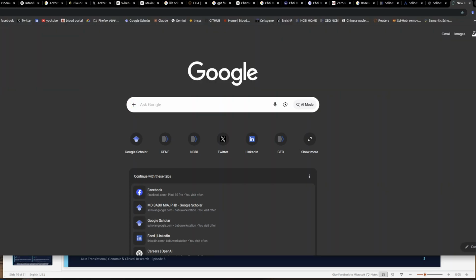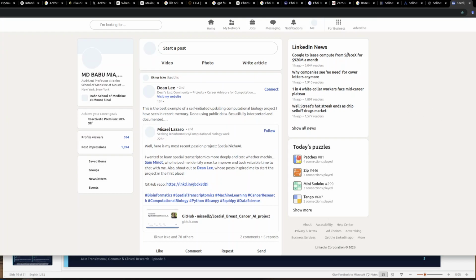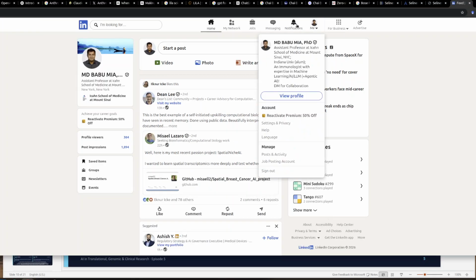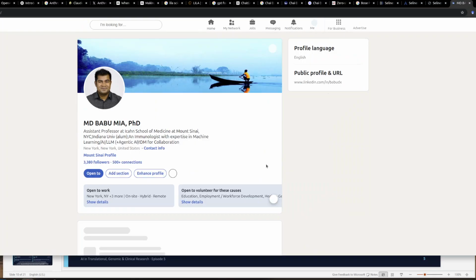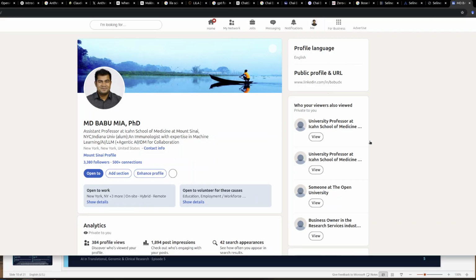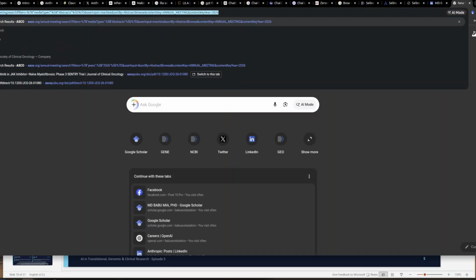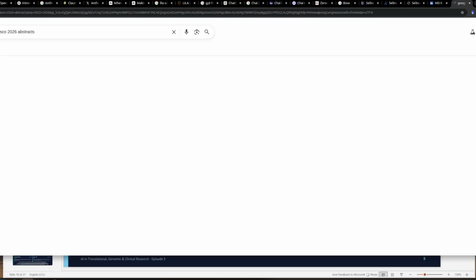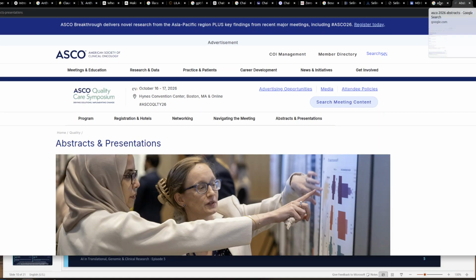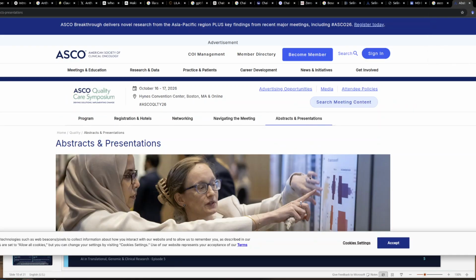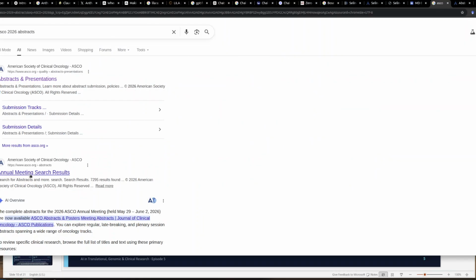And another point I want to add, like I think I have posted earlier: the American Society of Clinical Oncology has this. If you go to the ASCO website, ASCO 2026 abstracts, this is fantastic. I'm not sure this is the right link.